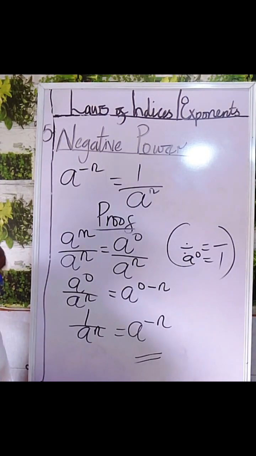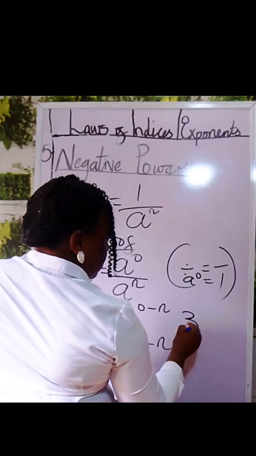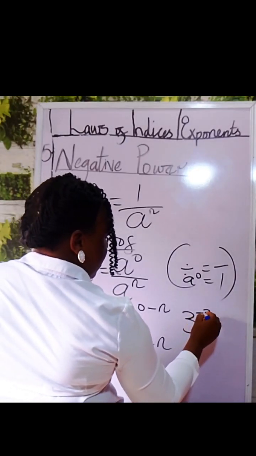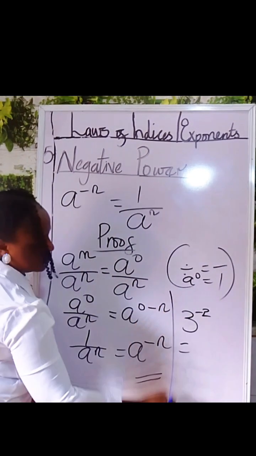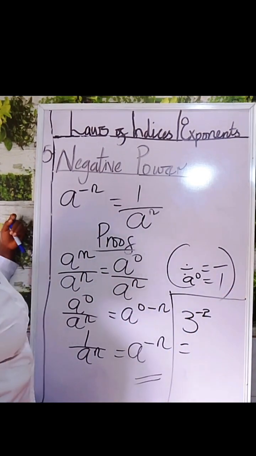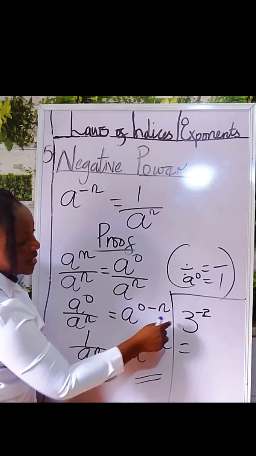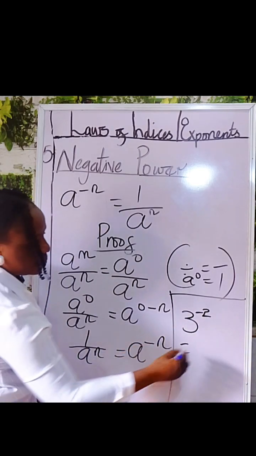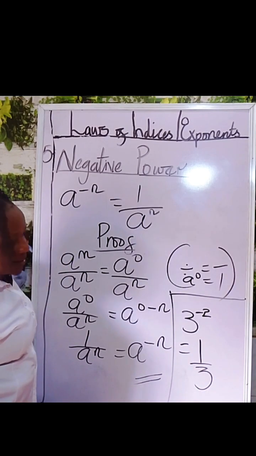Very good. Okay, now, if you are asked to solve 3 raised to power minus 2, you are asked to solve this 3 raised to power minus 2. From the rule, we say that the base will become a reciprocal. Understand?